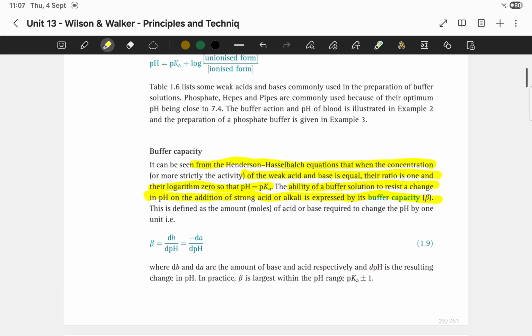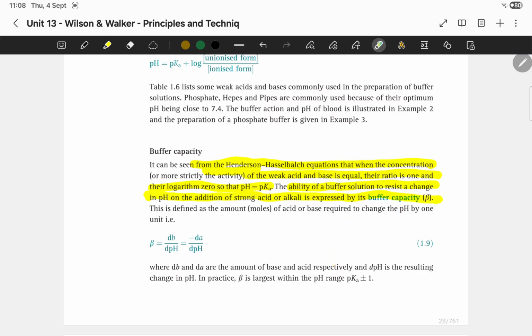So the buffer capacity: it can be seen from the Henderson-Hasselbalch equation that when the concentration, or more strictly the activity, of the weak acid and base is equal, that acid and base are working equally, the ratio A upon B is 1 and the logarithm is 0, so that pH is equal to pKa.